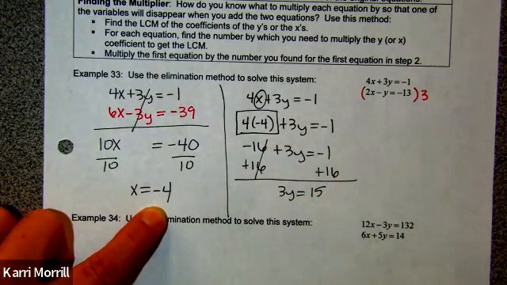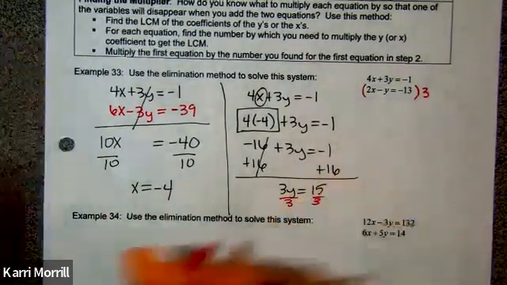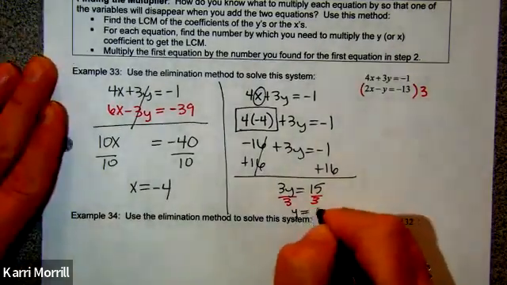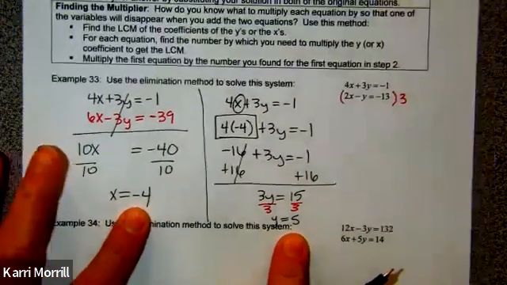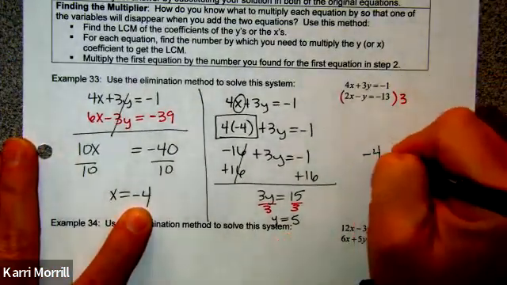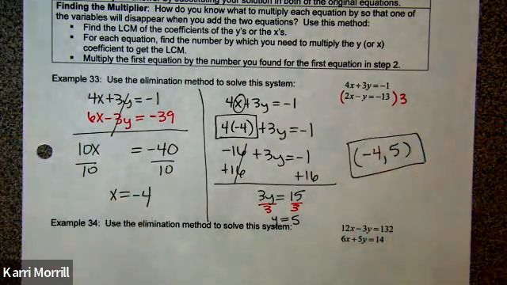What do I do last? Divide 15 by 3. So y equals 5. So you can't just stop there. You do have to show that you know this is an ordered pair on a coordinate system, and that if you were to graph those two lines, they would cross right there.